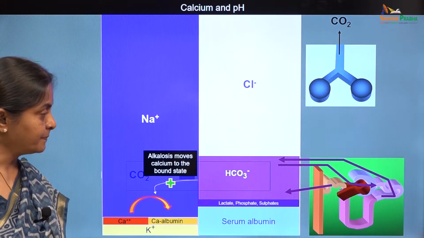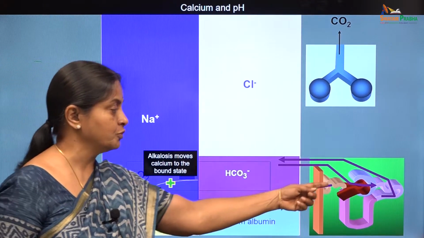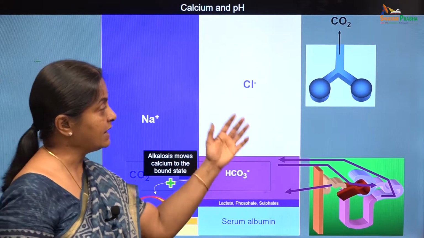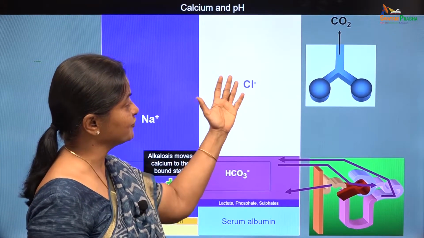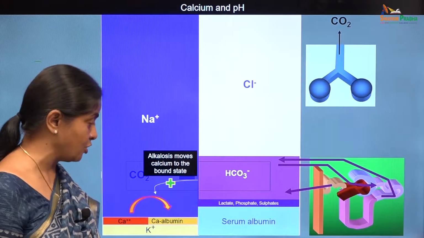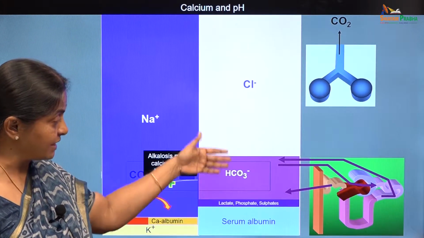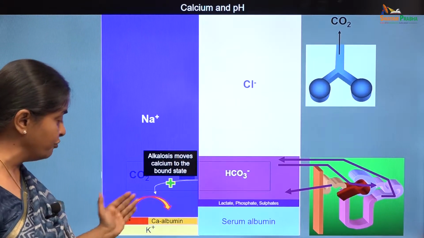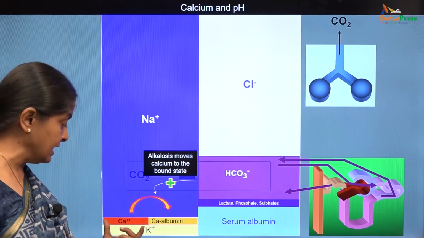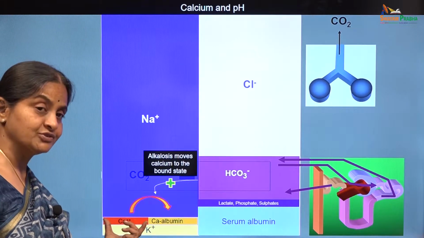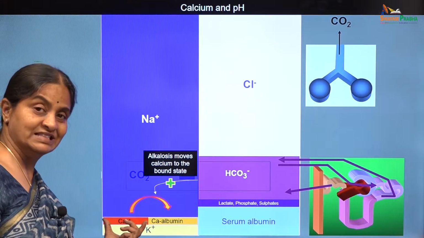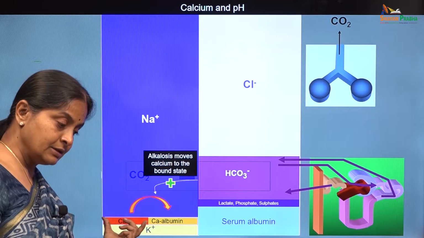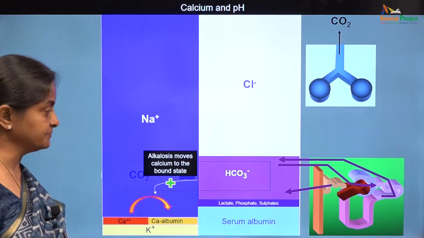This is why in alkalosis due to increased ENaC activity in the distal tubule and alkalosis due to reduction of chloride in the gastrointestinal causes, the resulting bicarbonatemia or the resulting alkalosis will move more calcium into the bound state and lead to what we could refer to as hypocalcemia, which is indeed a reduction in free calcium in plasma.